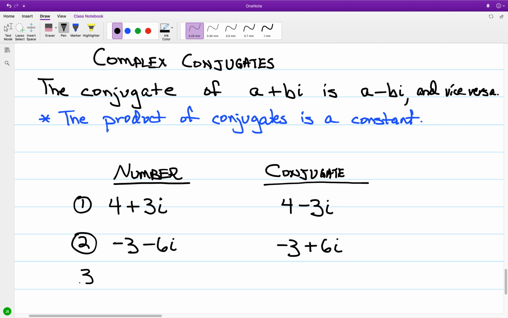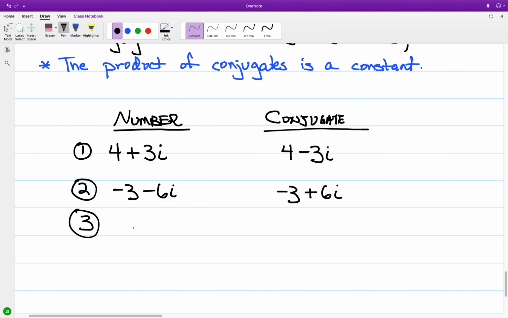For the third case, we have 17, and the conjugate is going to be 17. That could also be written as 17 plus 0i, or 17 minus 0i.